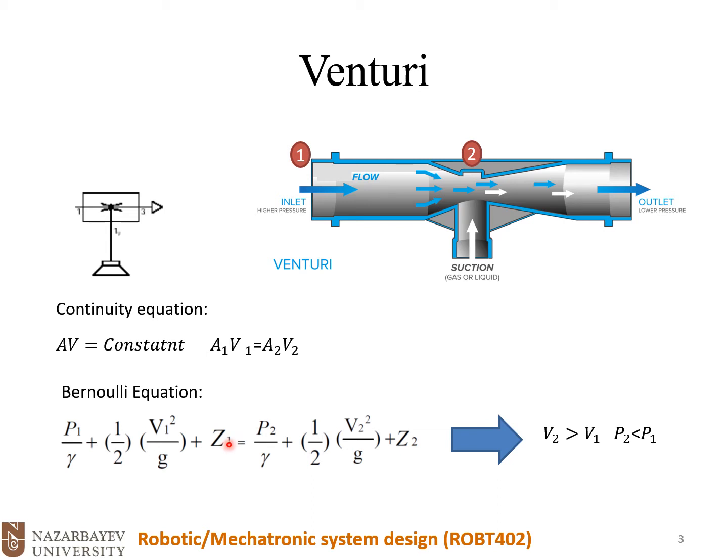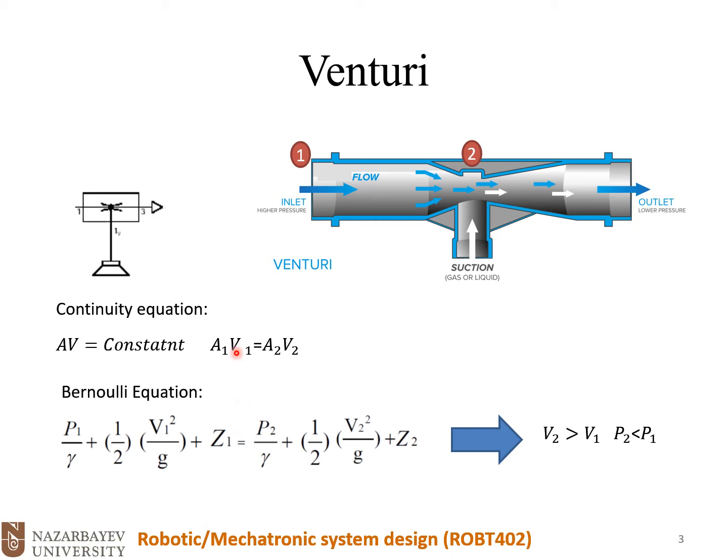Z is basically height, and this one is also potential energy due to gravity. So Z1 and Z2 for a Venturi, which is a horizontal Venturi, are the same. So Z doesn't have an effect in this equation.